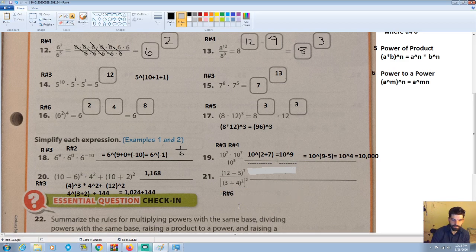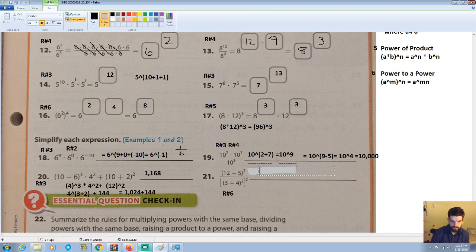And then we're also going to be using the quotient rule, because we're actually going to end up with like bases. So 12 minus 5 to the 7th power is going to be 7 to the 7th power, and then we're going to divide that by 7 squared, but we're going to take that and put it to the 2nd power.